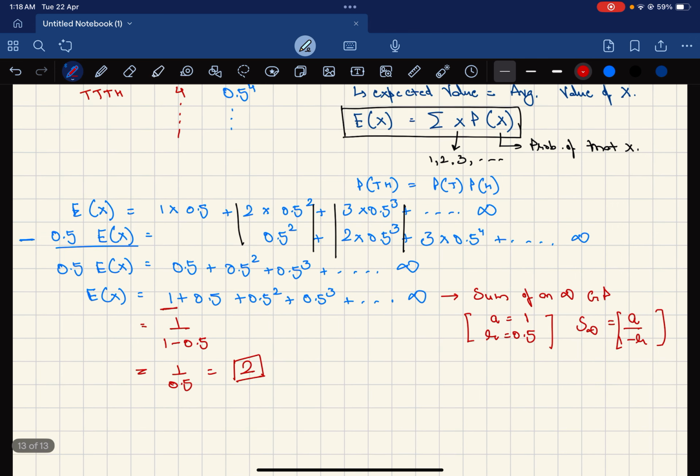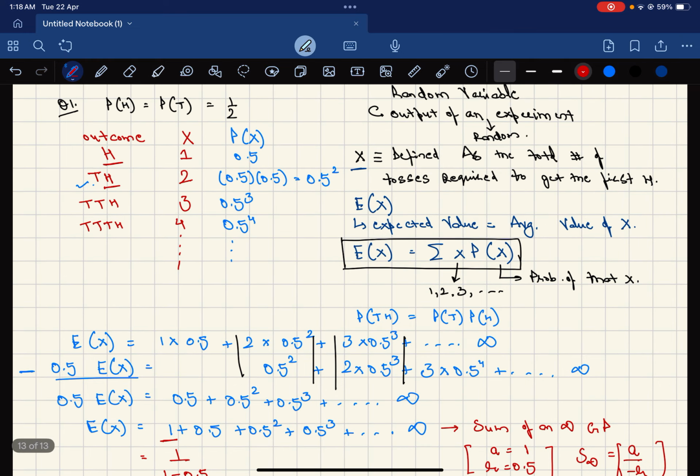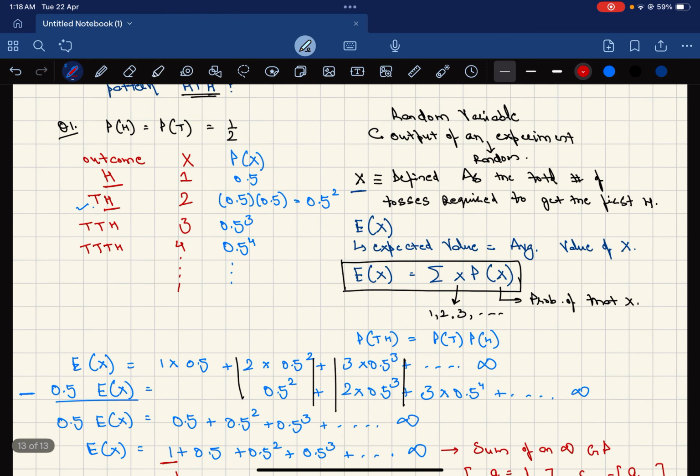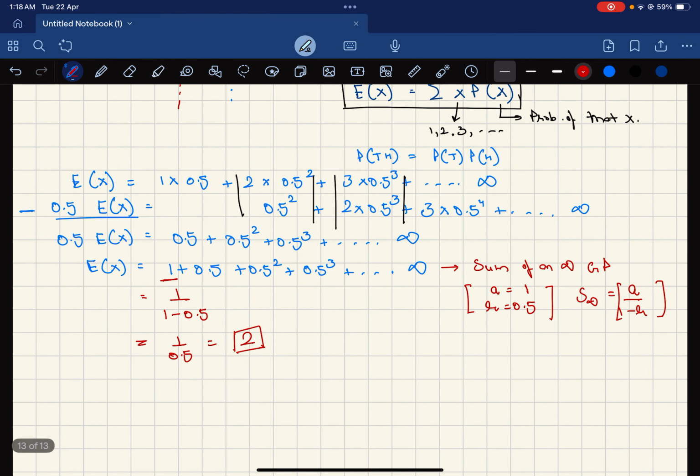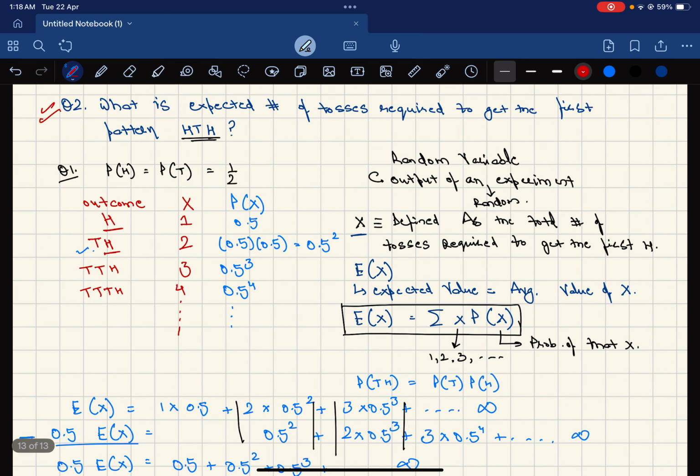Therefore, the expected number of tosses required to get the first head from a fair coin is equal to 2. So this is how we can calculate the expected value using the very basic principle of the formula for expected value itself.